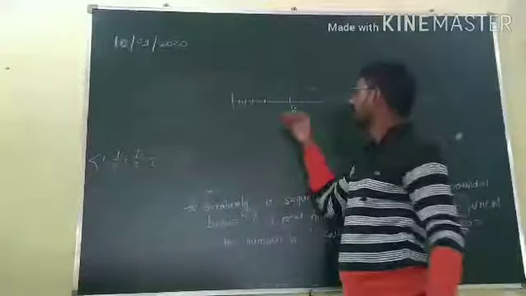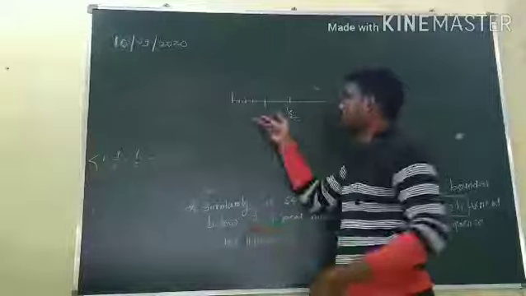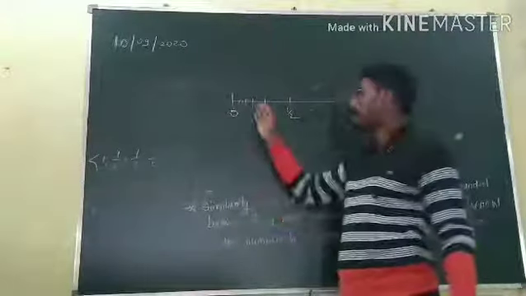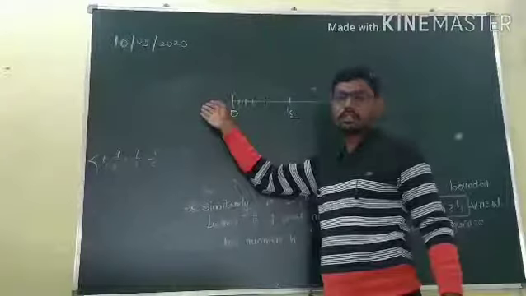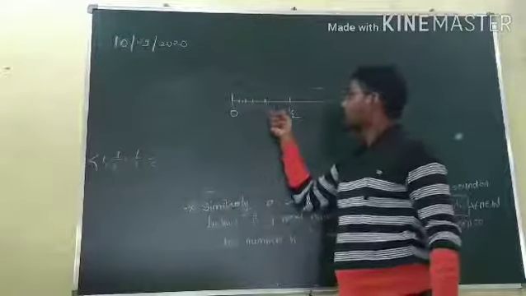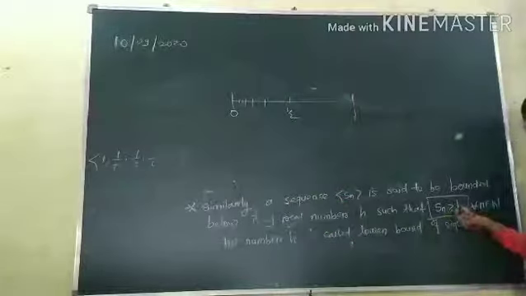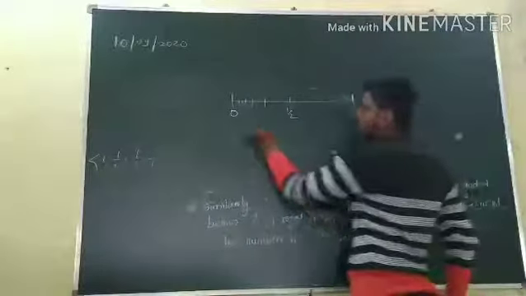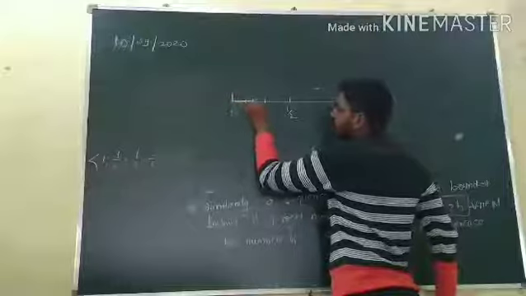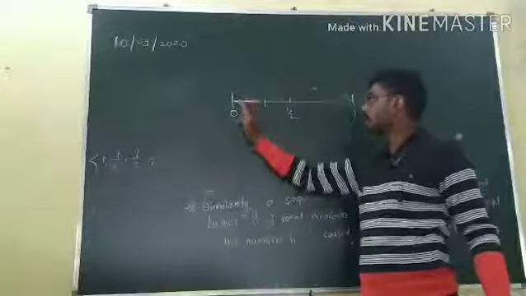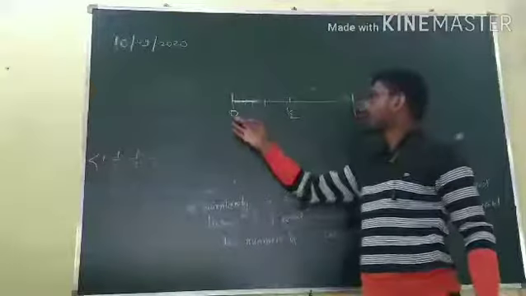We know that as we continue, this sequence tends to 0 but cannot go beyond 0. Here, see, each element of the sequence is always greater than or equal to some number, and that number is 0. Every element of the sequence is on the right side of 0, that is, greater than or equal to 0.